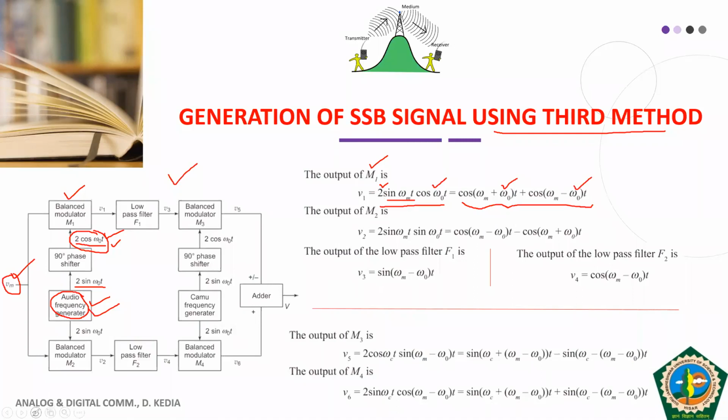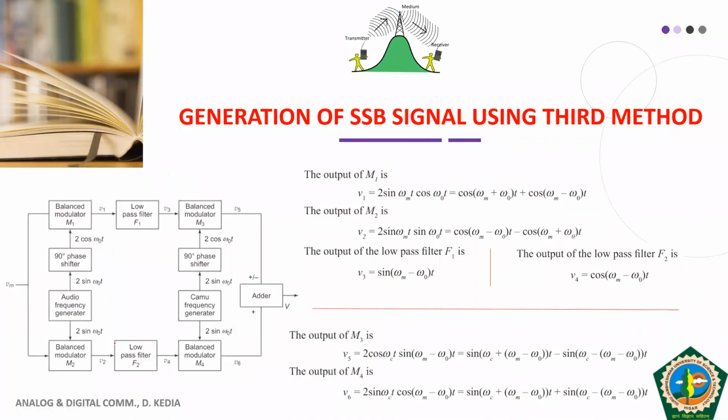Now let us move to the output of balance modulator 2. For balance modulator 2, we have the modulating signal as it is, and the audio frequency generator signal also as it is. So we have the multiplication of 2 sin ω0 t and sin ωm t. The output of balance modulator 2 is 2 sin ωm t sin ω0 t.